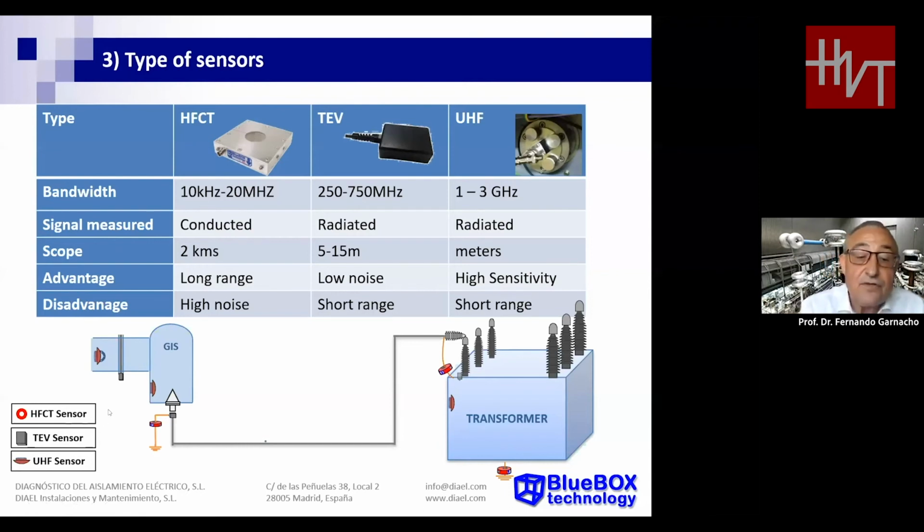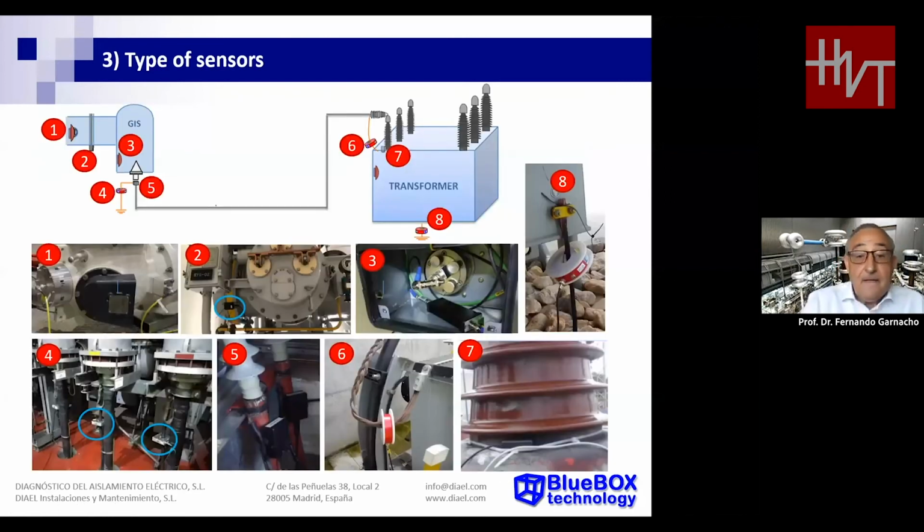For instance, we can use this kind of sensor, or we can use invasive ultra high frequency sensors in the GIS, in the transformer, or in the windows of the GIS. You have here a small presentation of different examples of sensors. Sensor 1 is a high frequency sensor placed in a window.